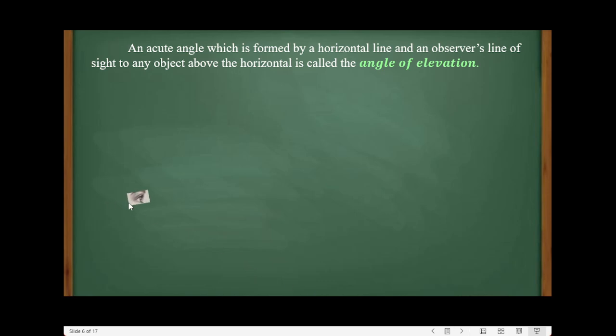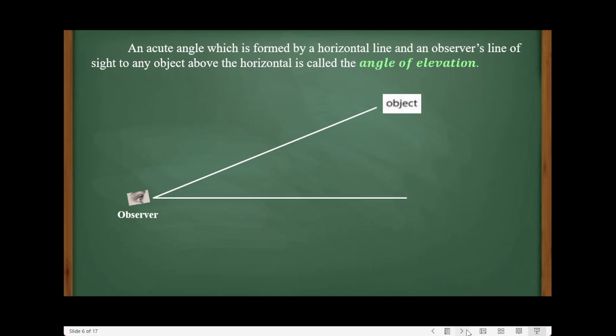Suppose we have this eye of an observer, and that is the observer. Then he or she is staring at a certain object, like this one. So what you see right now is the eye of the observer staring at the object. So this one here is the line of sight together with the horizontal.